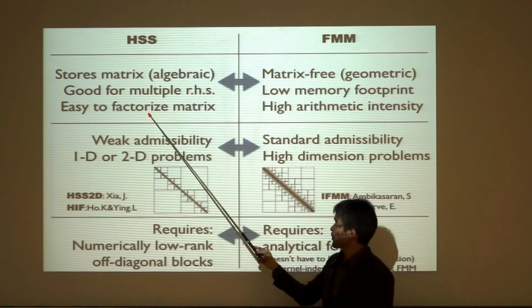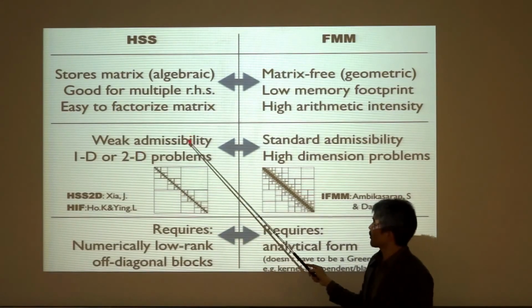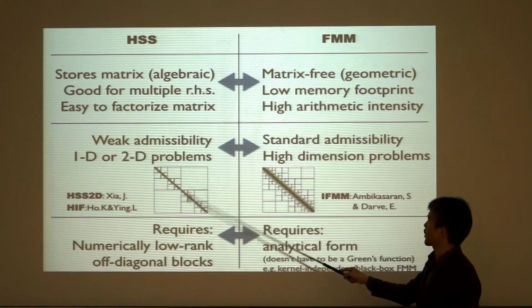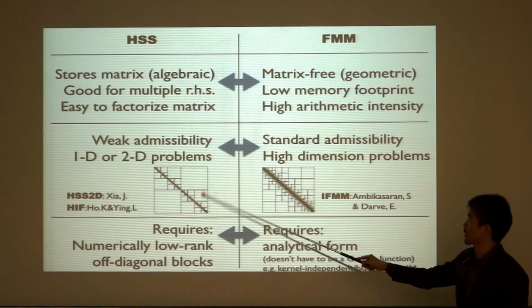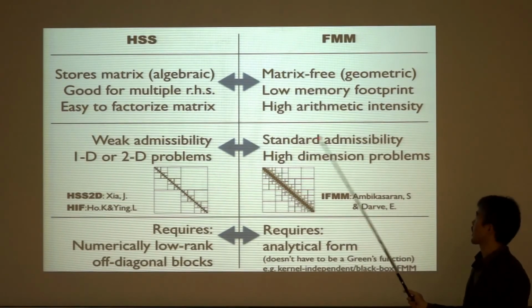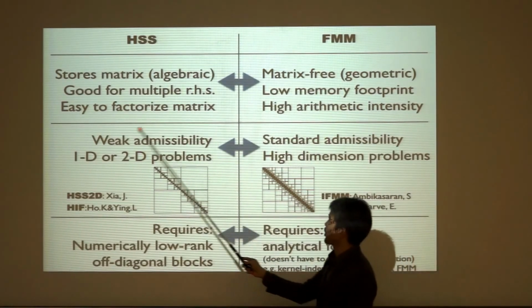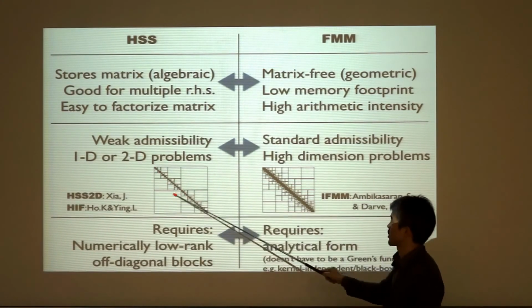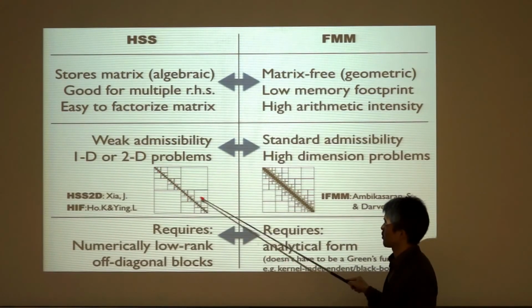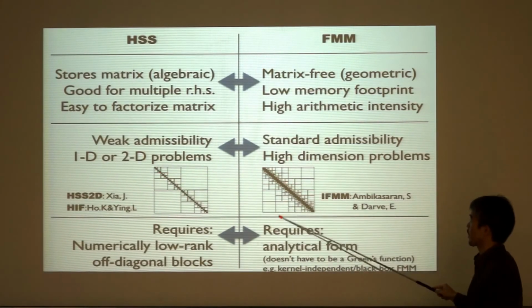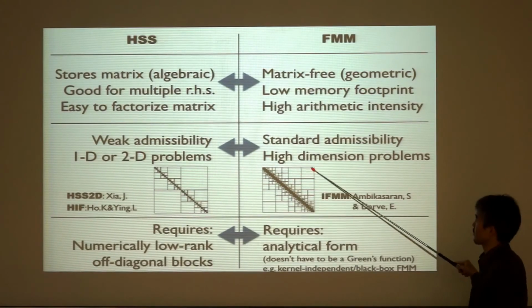So then you have different types. When I say admissibility, you can think of it as how much you're subdividing the blocks. So this one divides more. It's called standard or strong admissibility. And the weak admissibility means you're only dividing once, and then you go down and immediately divide the diagonal only once, and then once. But with this one, you divide this off diagonal again and again.